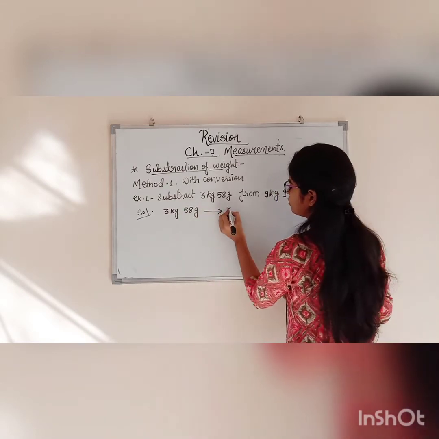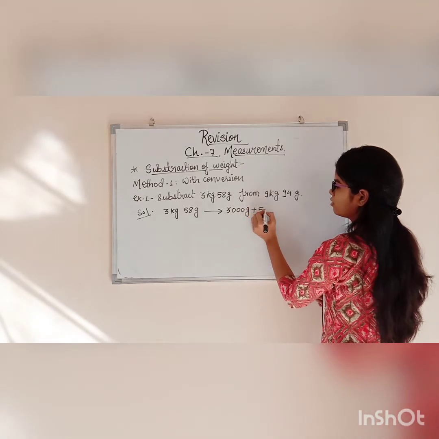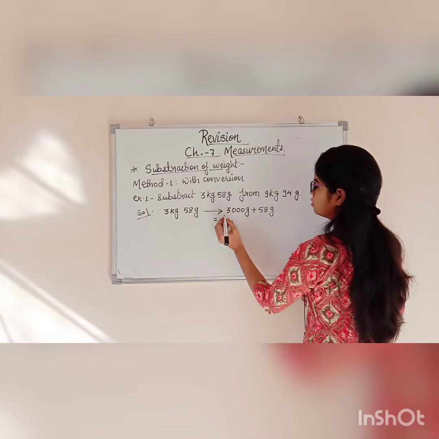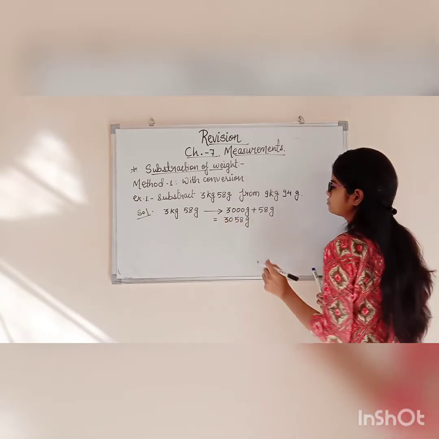We can write 3000 gram plus 58 gram, and this is 3058 grams.